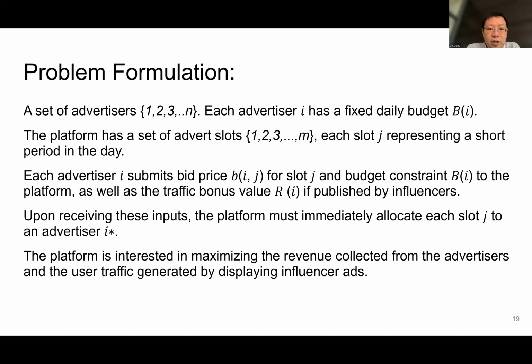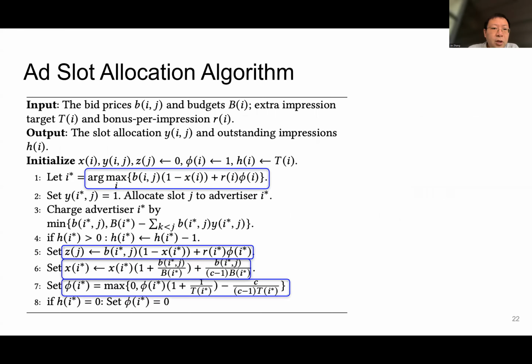When receiving those inputs, the platform must immediately allocate each slot j to an advertiser i. And the platform is interested in maximizing the revenue collected from the advertisers and the users' traffic generated by displaying the influencer ads.